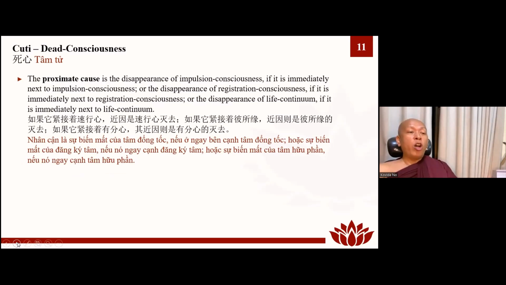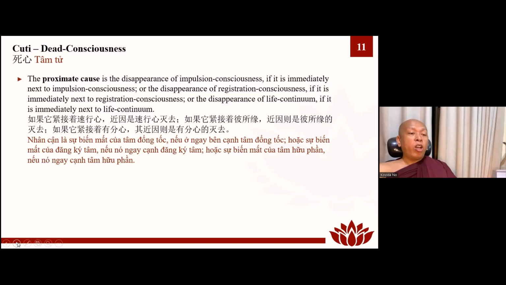The proximate cause is the disappearance of embodiment consciousness if it is immediately next to embodiment consciousness. That means sometimes our death moment will take place after embodiment consciousness. Or the disappearance of registration consciousness if it is immediately next to registration consciousness. That means our death moment also can take place after registration consciousness.